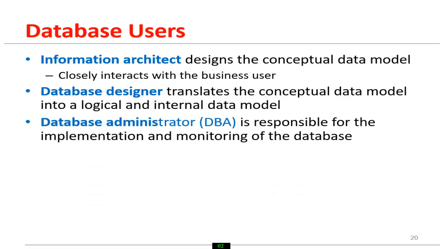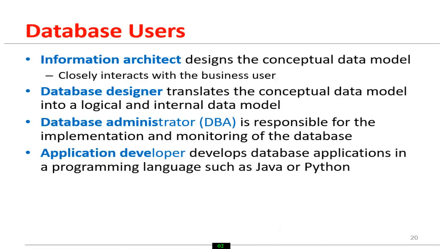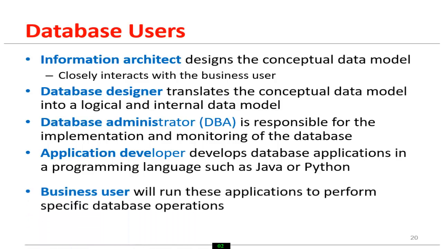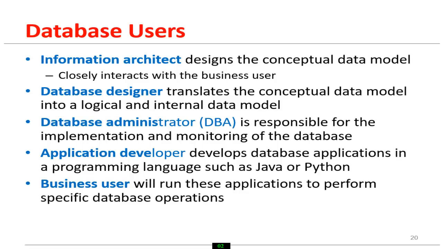Database administrator, DBA, is responsible for the implementation and monitoring of the database. Application developer, another database user, develops database applications in a programming language such as Java or Python. Business user, another database user, will run these applications to perform specific database operations.